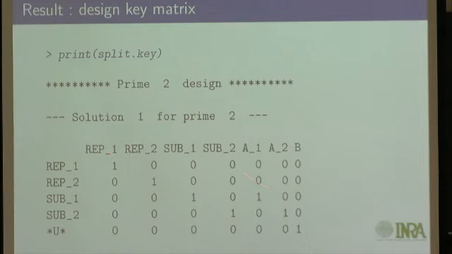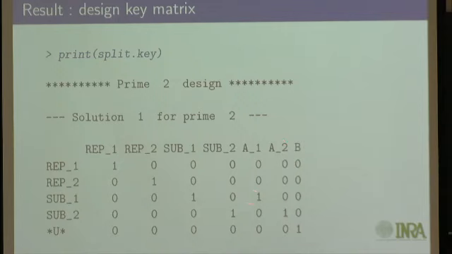In fact, there is just a detail, but we have specified for the basic factors rep and sub, which are at 4 and 4 levels, so this corresponds to a size 16 design. But we have 2 plots per subblock, so in fact the design is of size 32. So the program has created an additional unit factor which is called U star, and which corresponds to the replicates within the subblocks.